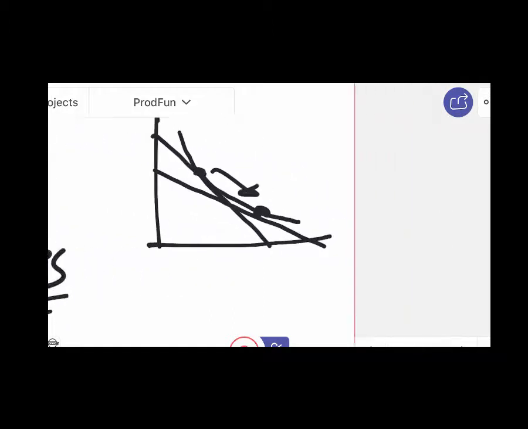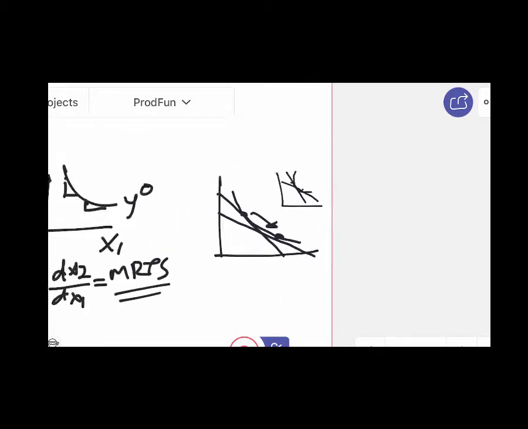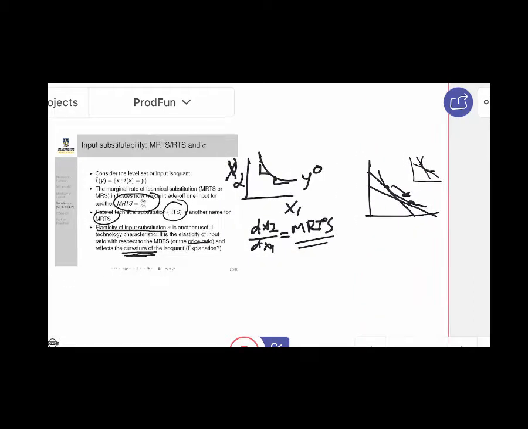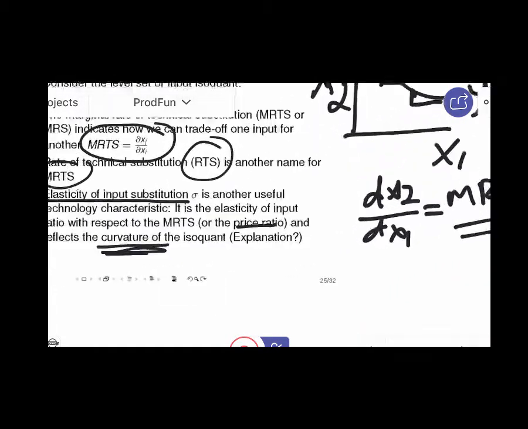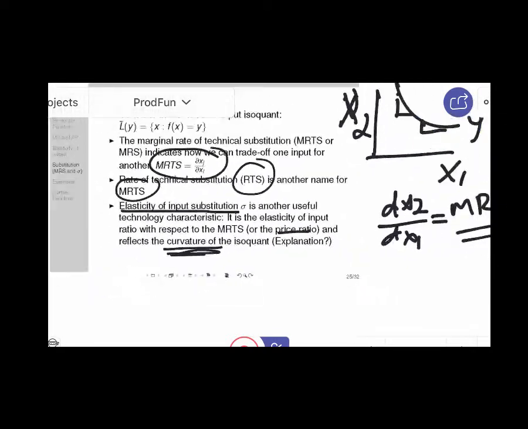But if that same isoquant had been curved, then you can imagine as you change your input price ratio, you don't travel far. That means the impact on the input mix is limited. So if the isoquant is more curved, there is less room for substitution, and that's captured by a small value for the elasticity of substitution.